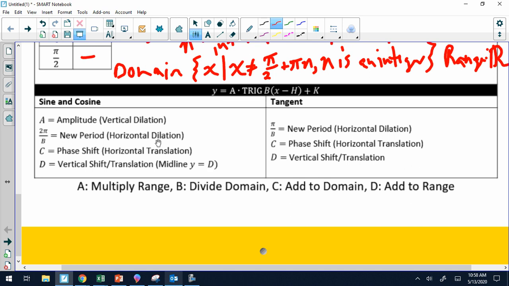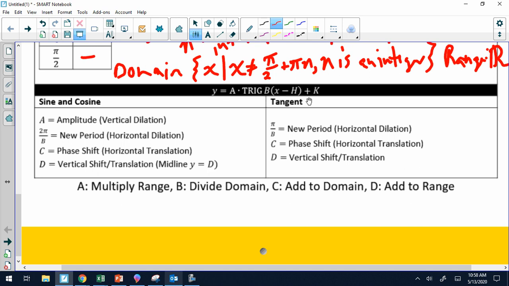That's going to be a horizontal dilation. So that's going to be the squeezing or the pulling from left and right. Whereas amplitude is the squeezing and pulling from top and bottom. Your C is your phase shift. That's going to move you left or right. And your D is your vertical shift, which is going to move you up or down. That's also going to give you your midline.